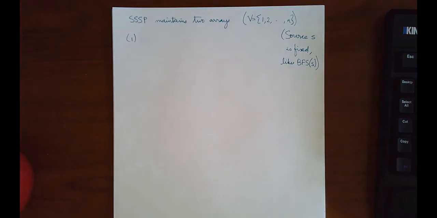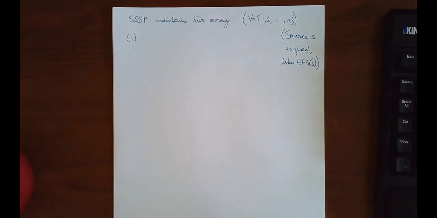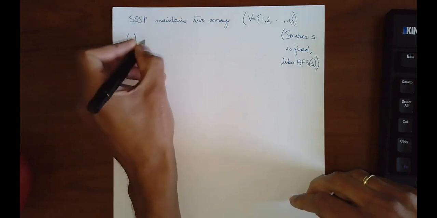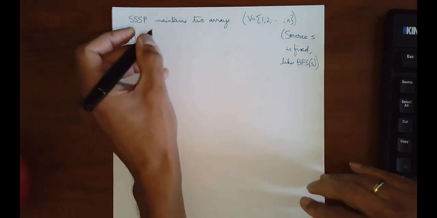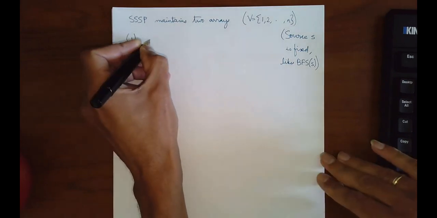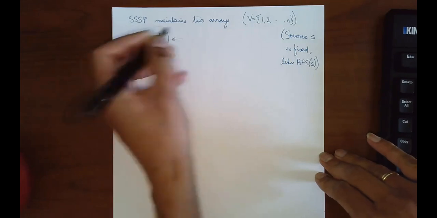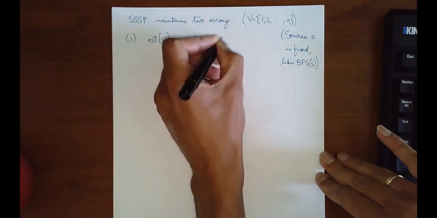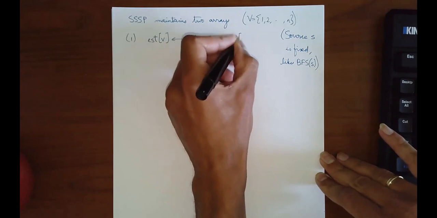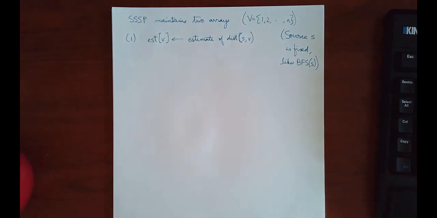So what this maintains is it maintains 2 arrays. So I'm going to refer to the first one as est of V. This is an estimate of the true distance from S to V. It's going to maintain an estimate.